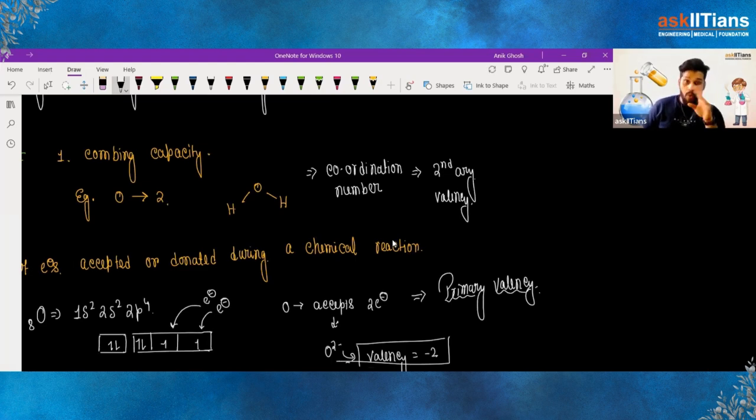Now, how are they different in a coordination compound? To understand that, you have to know how to draw a coordination compound, how to understand the connectivity there, and then we can come to this. Okay.